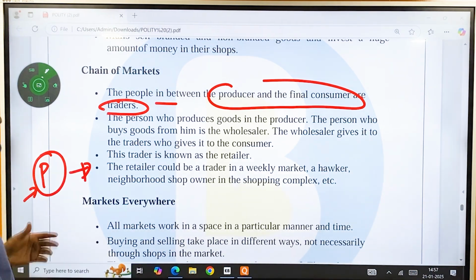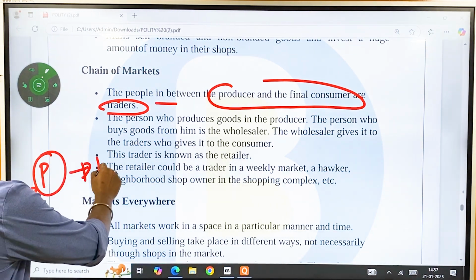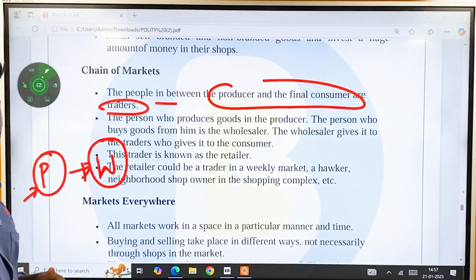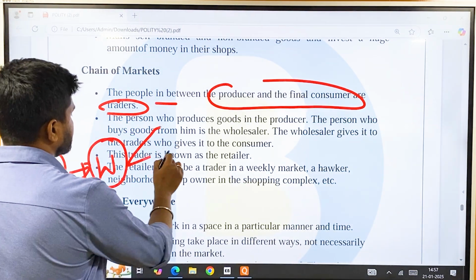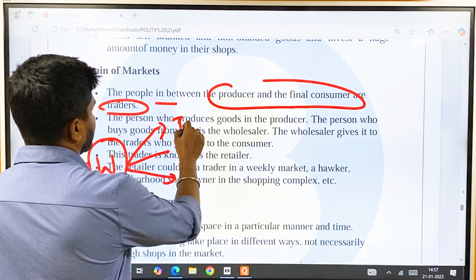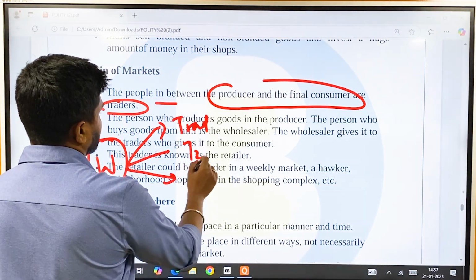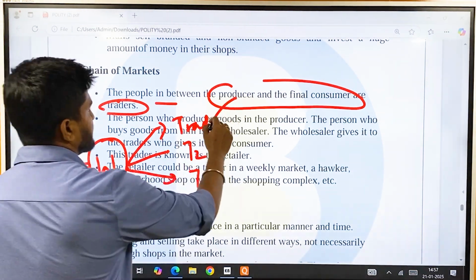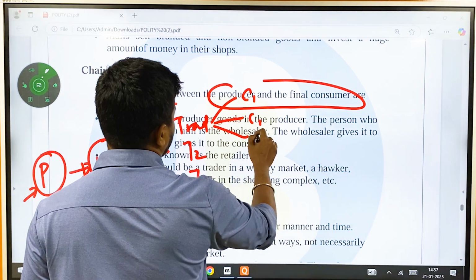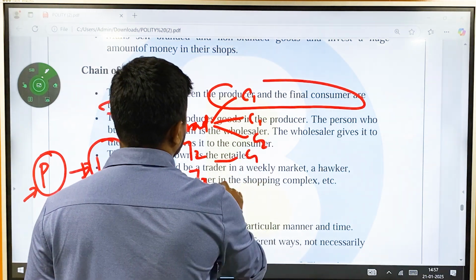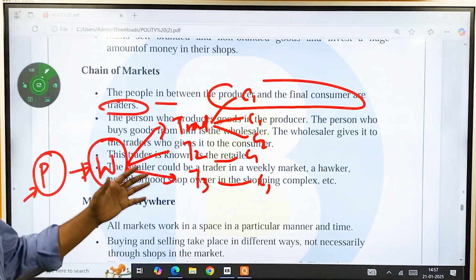A person who buys from the producer at a cheaper wholesale price is called a wholesaler. Smaller traders buy from the wholesaler, and different consumers buy from these traders. This is a chain of markets.